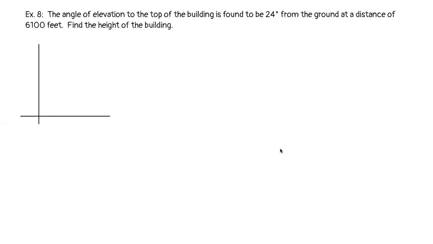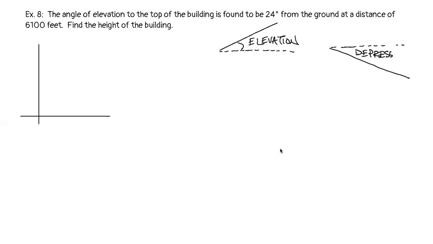And we know that the angle of elevation is sort of up from the horizontal, okay? So if you have a horizontal line, if you go up from this line, that is your angle of elevation. Whereas if you have a horizontal line and you go down from that, that will be the angle of depression, okay?